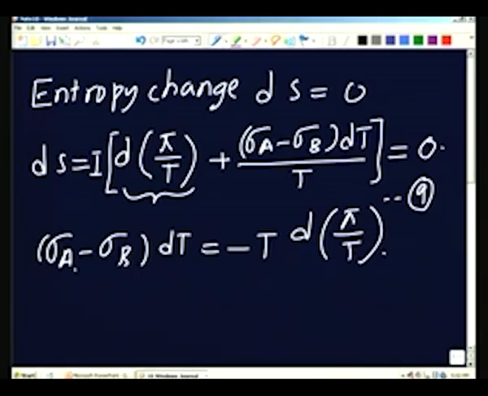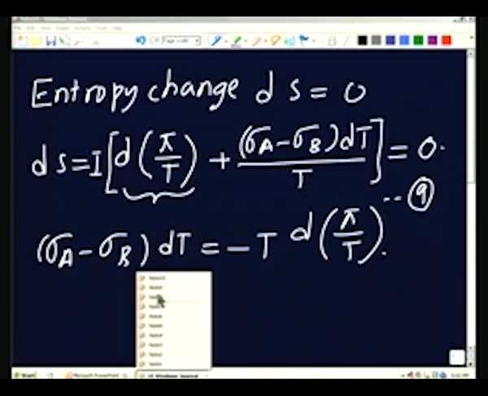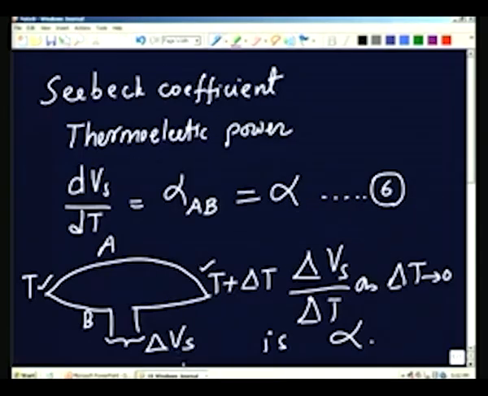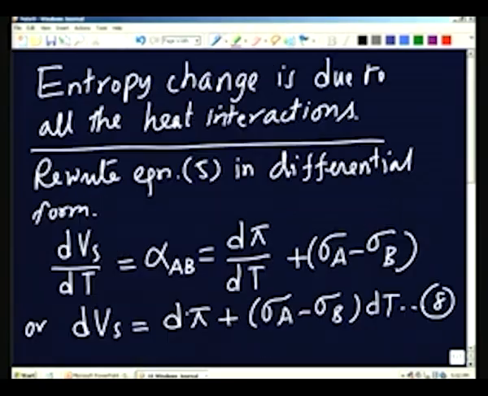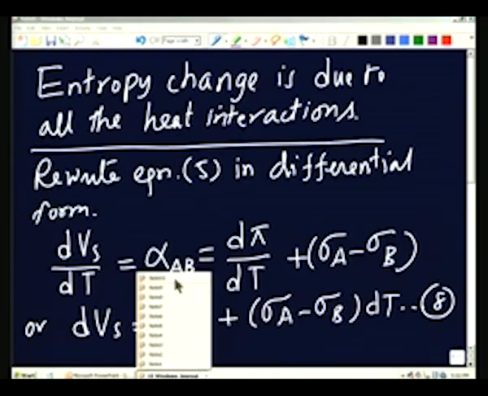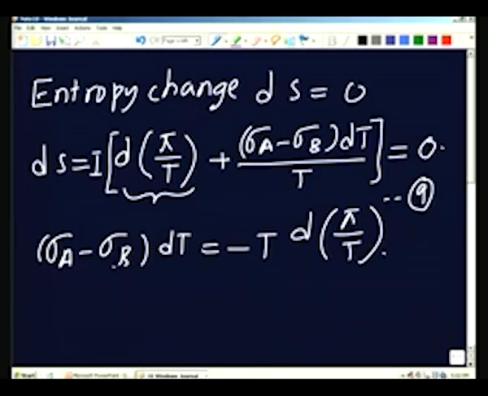And I will put this into the earlier equation, which related the Seebeck EMF to the Peltier and the Thomson EMFs, and therefore, if I go back, I have got the expression 8, dVs equal to d pi plus sigma a minus sigma b into dt, and what I have now done is to get sigma a minus sigma b dt from here.